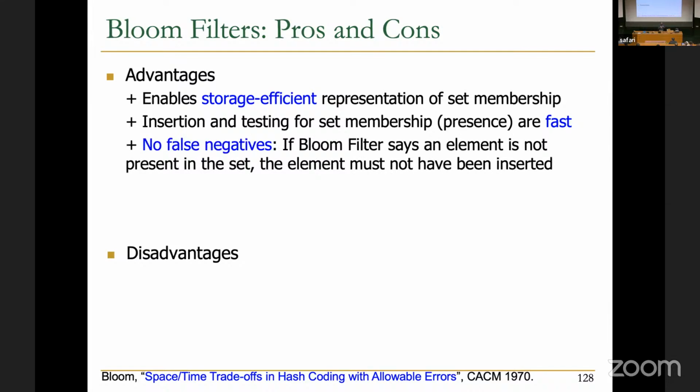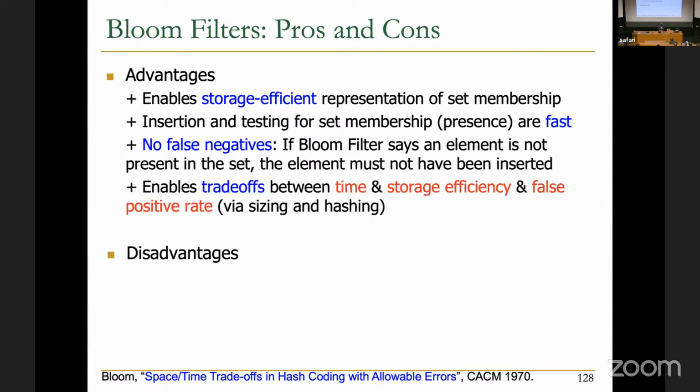And there are no false negatives. There's no possibility that you ask if a row needs to be refreshed every 64 milliseconds, the row actually needs to be refreshed in 64 milliseconds, and you get the answer of no. There's no possibility of this, but the opposite is possible.